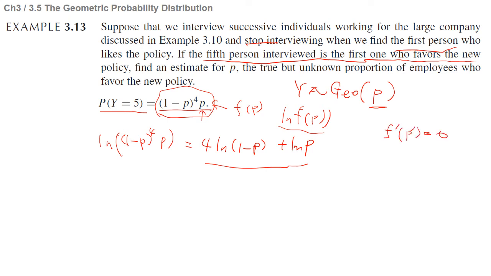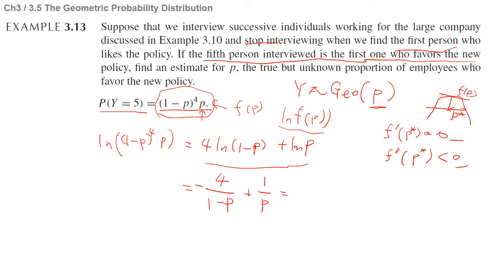Here you want to find a p star such that the second derivative is less than 0 at p star; this condition will hold. So take the derivative of this, it will be minus 4 over (1 minus p) plus 1 over p, and set this to 0 and solve it for p.